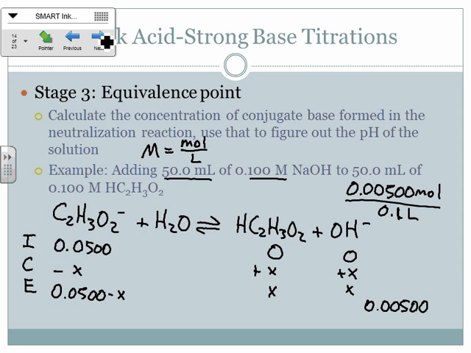So our Kb would be 5.6 times 10 to the negative 10th. Okay, and so then we can use that. 5.6 times 10 to the negative 10th is equal to x squared over 0.0500, and that's a very small number, so we can assume our x is pretty small here, even though our concentration is fairly small as well.